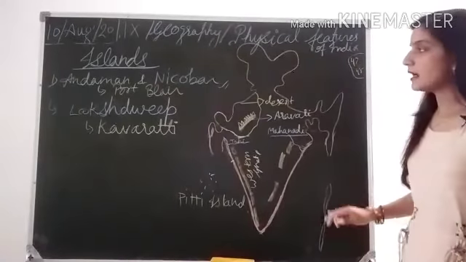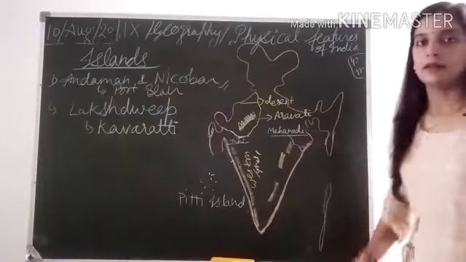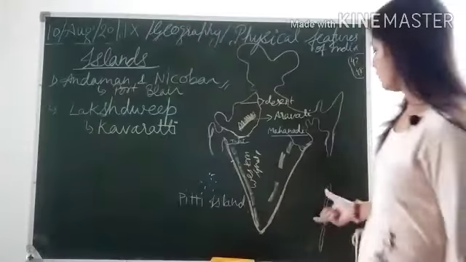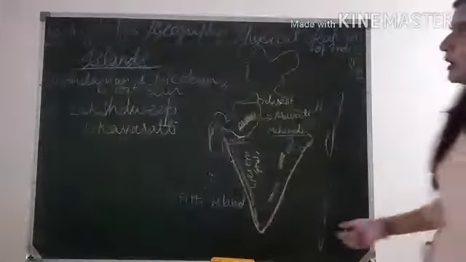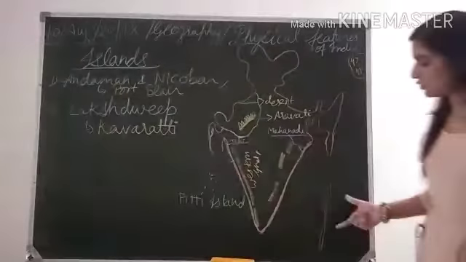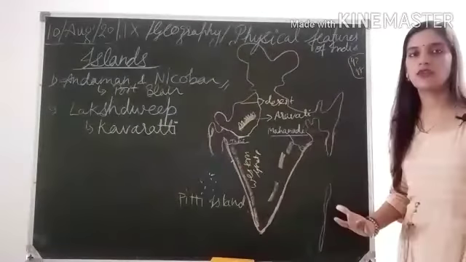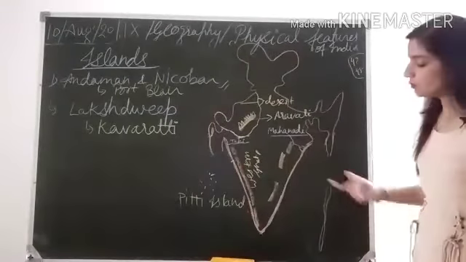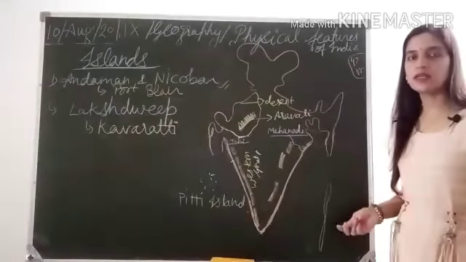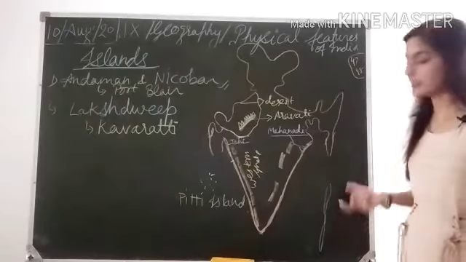The Andaman and Nicobar Islands are found in scattered form, but the group can be categorized broadly into two parts, Andaman and Nicobar.